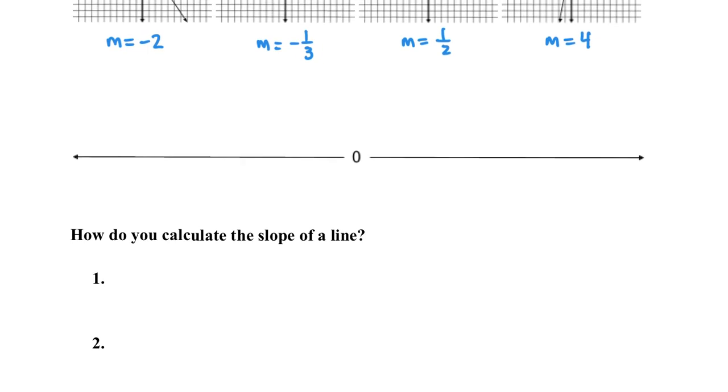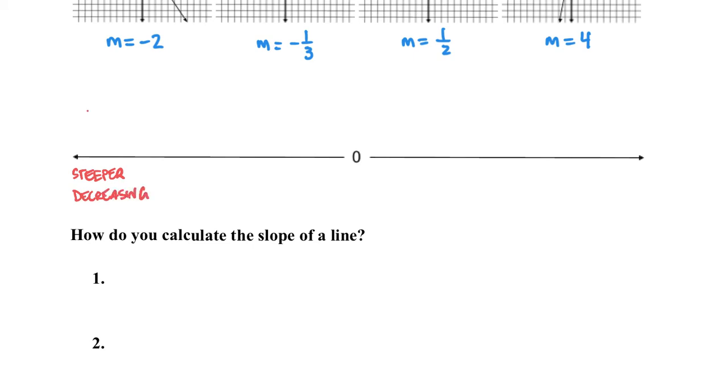And it turns out that if you go very far to the left, the more into the negatives you go, this is steeper and decreasing, meaning heading down from left to right.